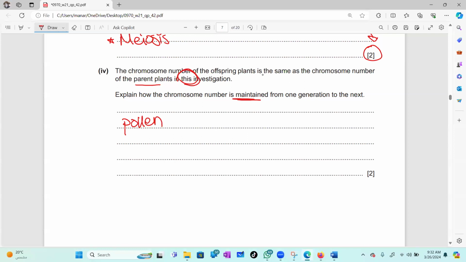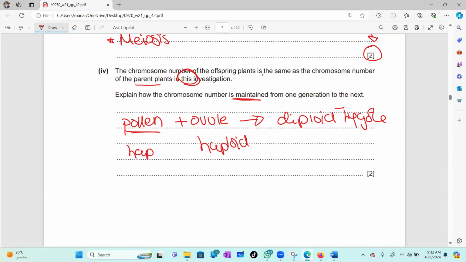And this pollen, if you remember, is going to grow a pollen tube and it's going to take the male nucleus to fuse with the female nucleus in the ovule. So the pollen plus the ovule here will give me a diploid zygote. So the pollen is haploid and the ovule is also haploid. And they will fuse together to give me a diploid zygote.